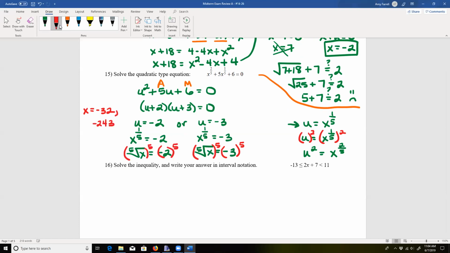So those are the two solutions. We do have the potential of extraneous solutions with equations that contain rational exponents, but it's not something that we see in this course.